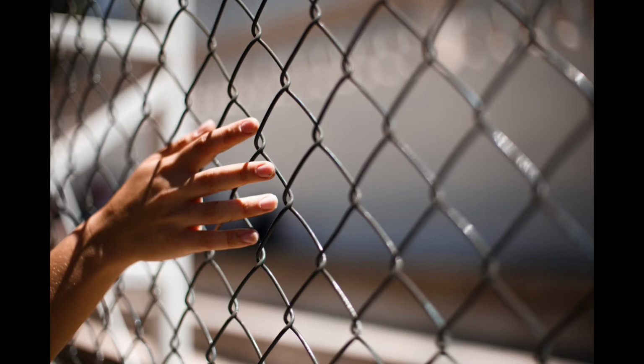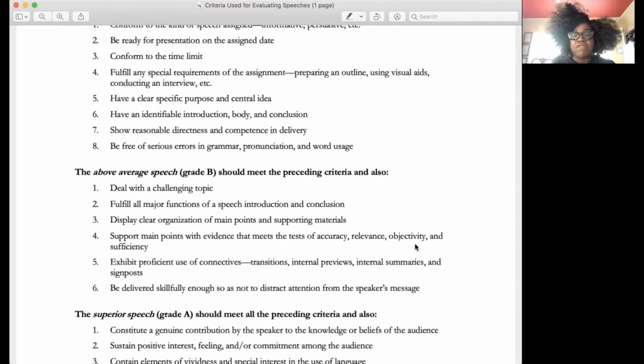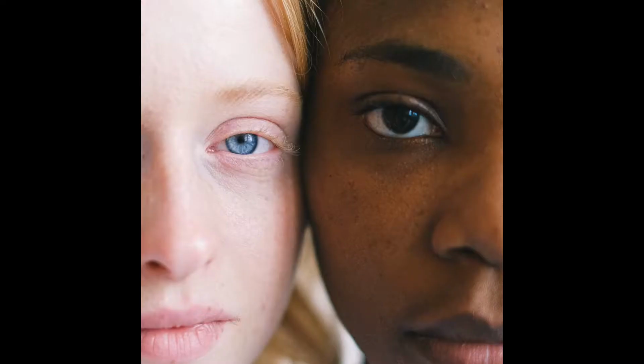It will also display clear organization of main points and supporting materials. So when your audience listens, they must know that this was a main point and this was how you supported it. And you must support it a variety of ways, not just with examples. Sometimes you will have to make the point by contrasting the point against something else.